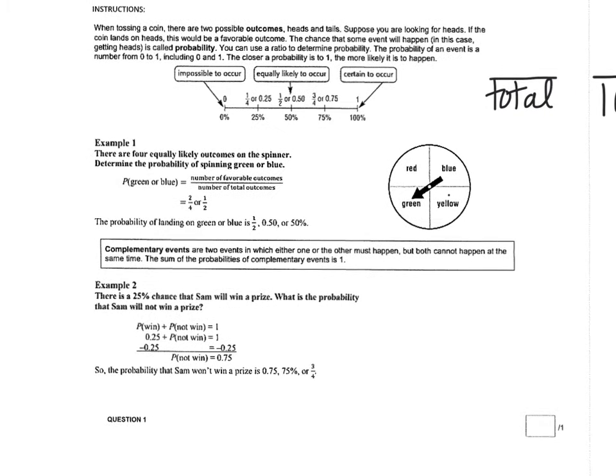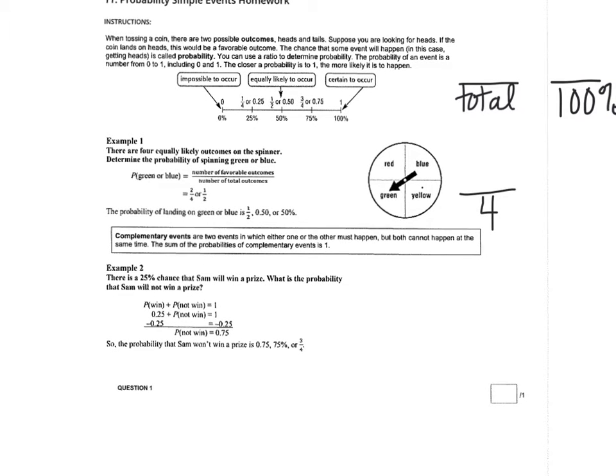So like example 1 says there are 4 equally likely outcomes on this spinner. So automatically 4 needs to go on the bottom, because whatever they ask you, it's out of 4 different options. Determine the probability of spinning green or blue. Okay, so we have one green spot on the spinner and one blue.